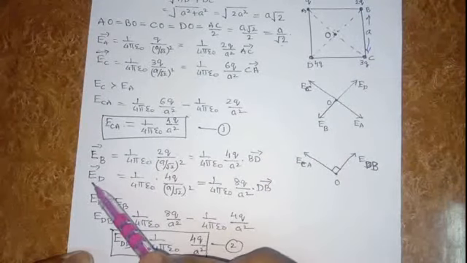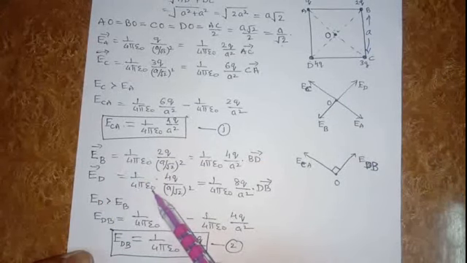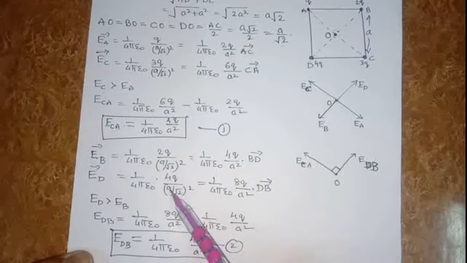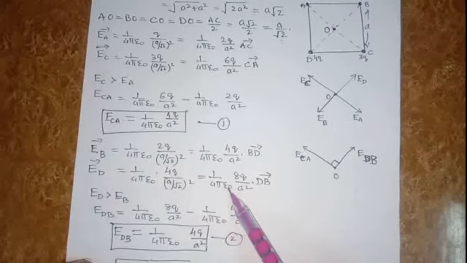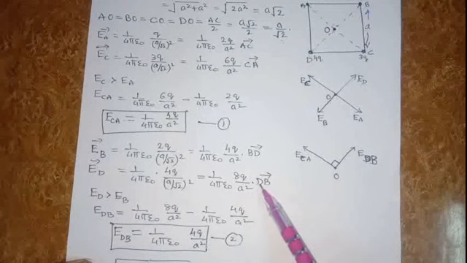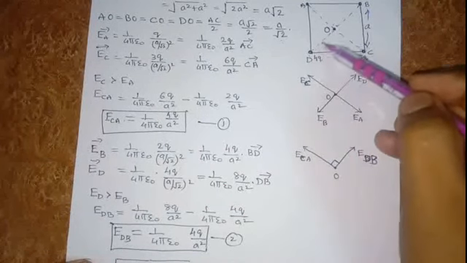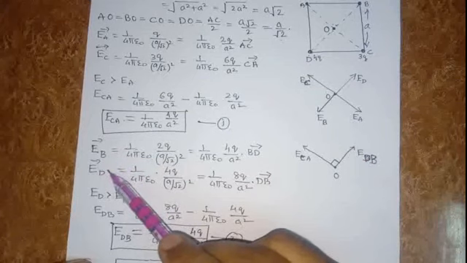Similarly, the electric field due to charge at D, ED, is equal to 1 by 4 pi epsilon 0 4Q divided by A by root 2 the whole square. That will be 1 by 4 pi epsilon 0 8Q divided by A square, and the direction will be DB. Look at EB and ED.